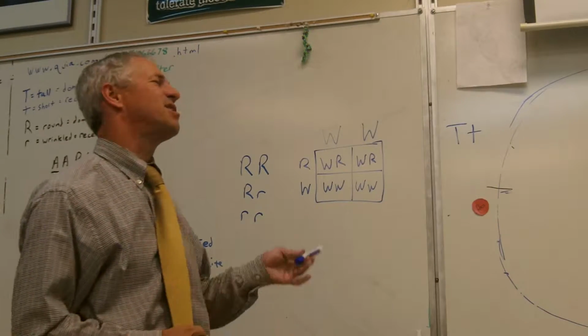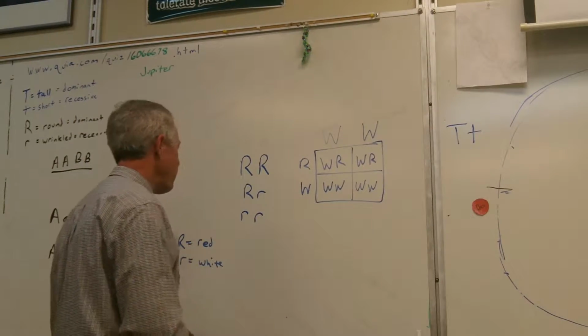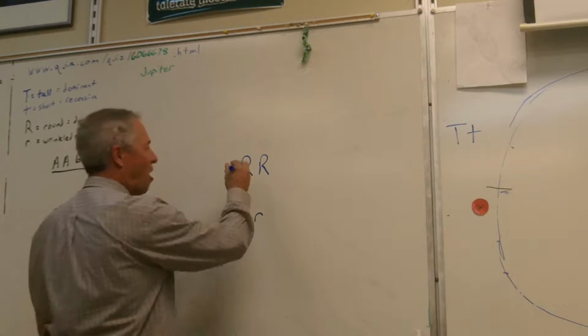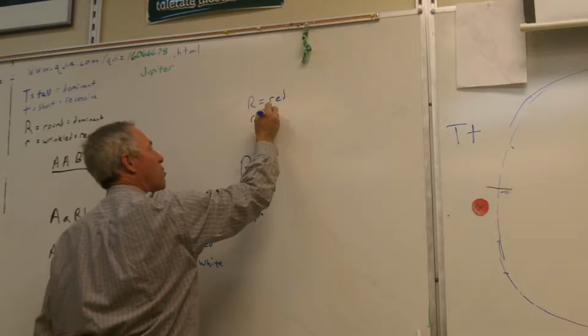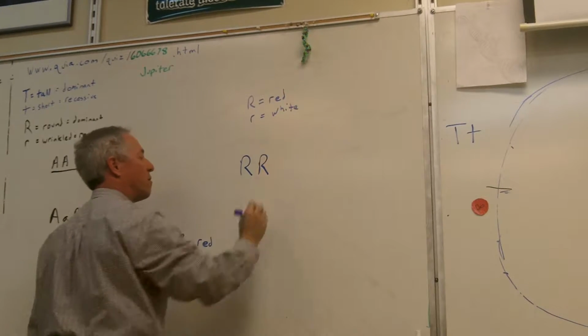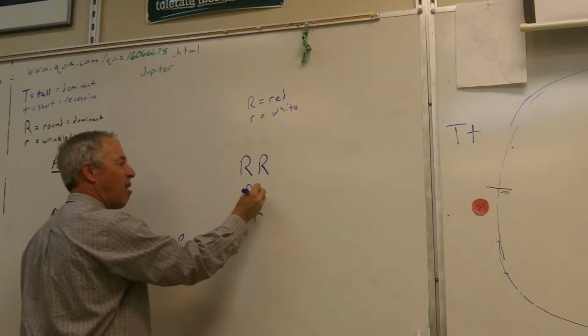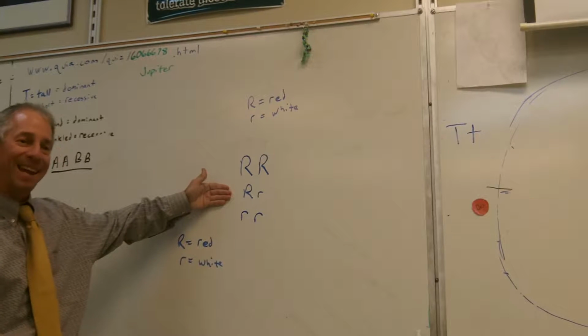Now here's another case that's sort of like co-dominance. It's called incomplete dominance. In this case, big R equals red, little r equals white. When you mate the red and the white, you get big R, little r. But that's not red and white stripes, that's pink.